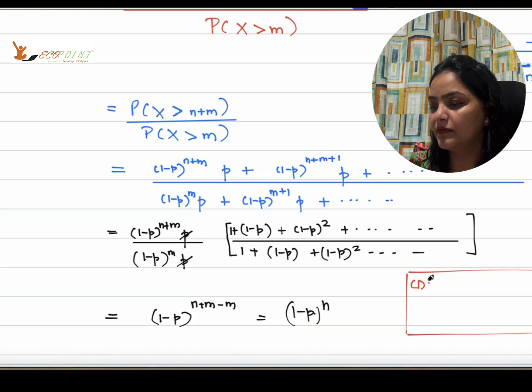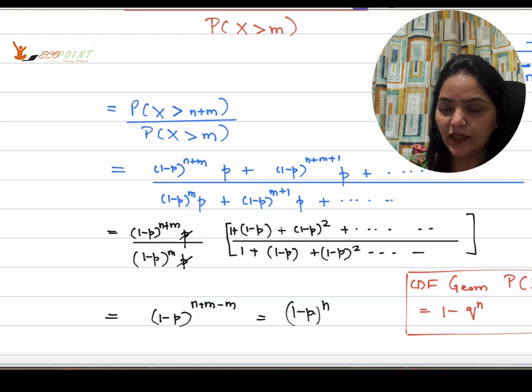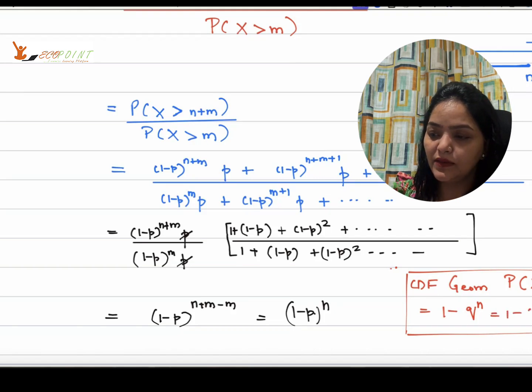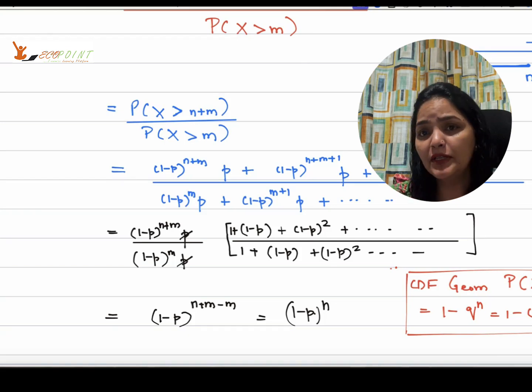The CDF for the geometric random variable is 1 minus q to the power n, wherein we take probability x is less than or equal to n. 1 minus q to the power n is the same as saying 1 minus p to the power n. If you take n as the value for the random variable x, you can just write down x in place of n.